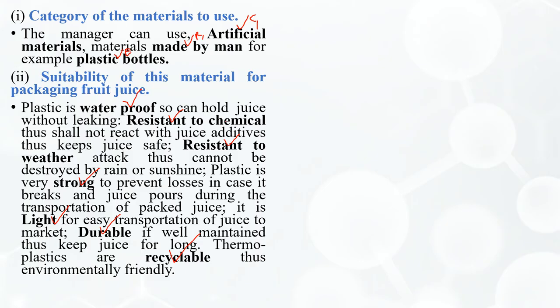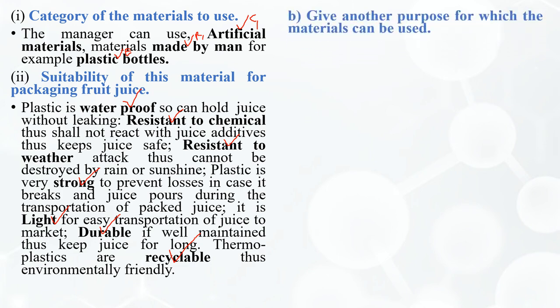Let's count them. We have point 2, number 1, 2, 3, 4, 5, 6, and 7. At least 4 points. So out of 7, can't you get like 4? And I'm not saying that you start cramming these points, because I'm not saying this is the number coming for your name or the number coming for marks, but you're getting the hint on how we can respond to each and every item.